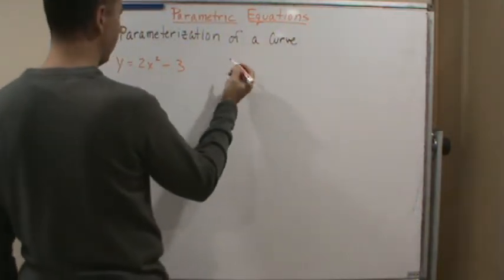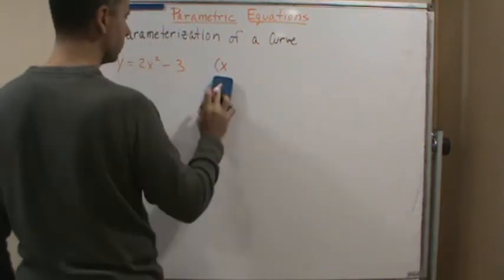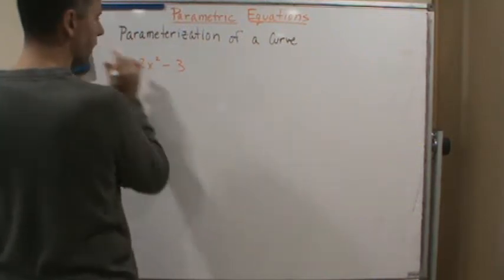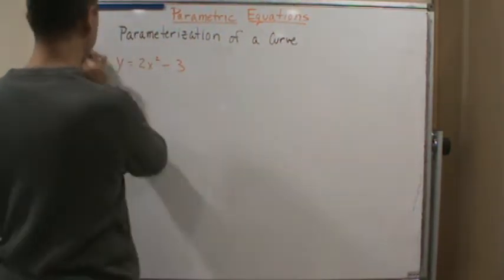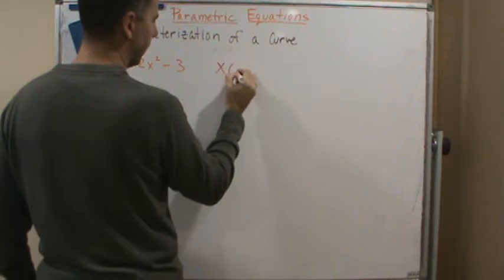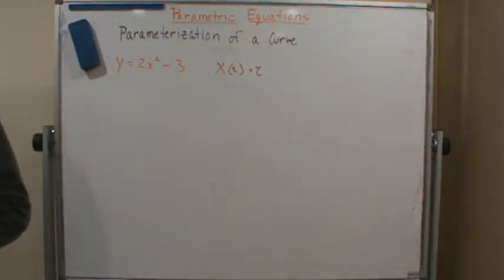Let x of t equal t. There's absolutely nothing wrong with doing that.